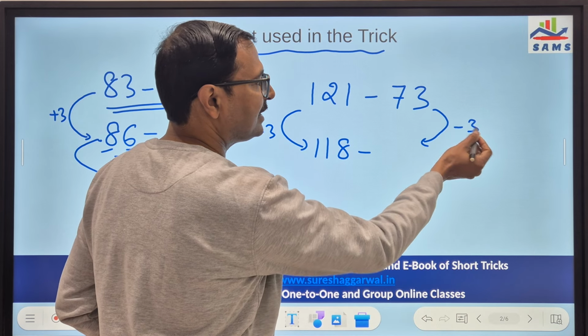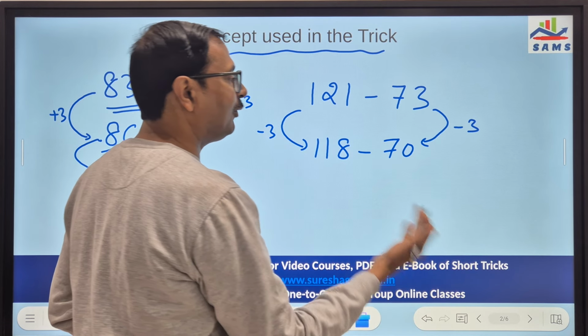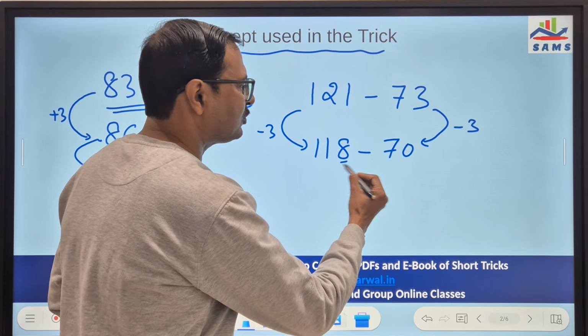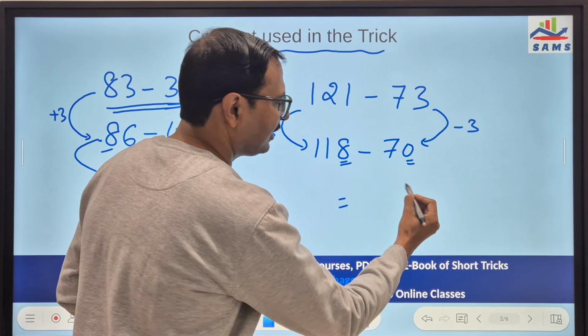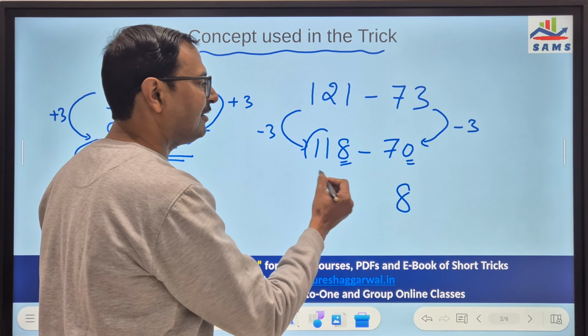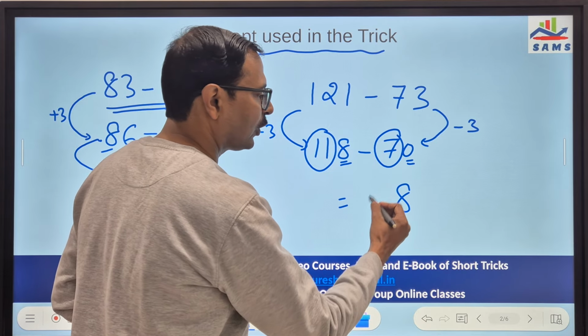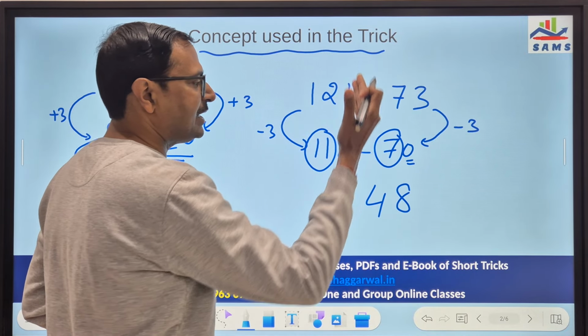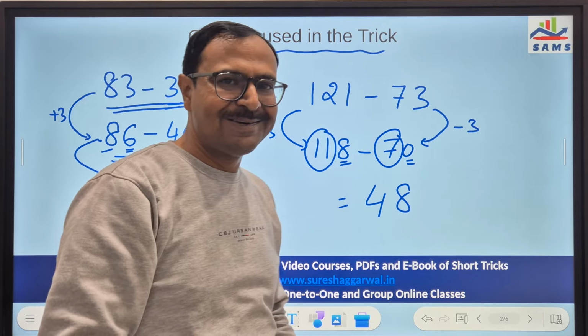And 73 minus 3 obviously is 70. Now which one do you think is easier? The second one, right? Because you don't have to change the 8. So that remains as it is. And 11 minus 7 is 4. So the answer for the question 121 minus 73 is 48.